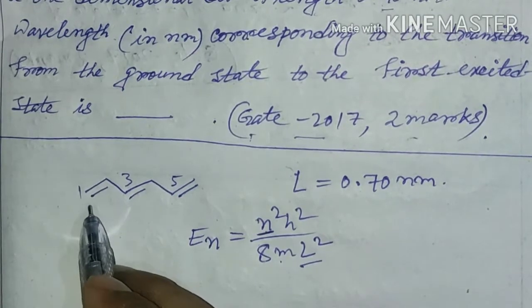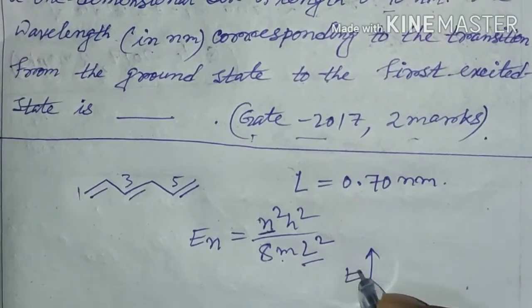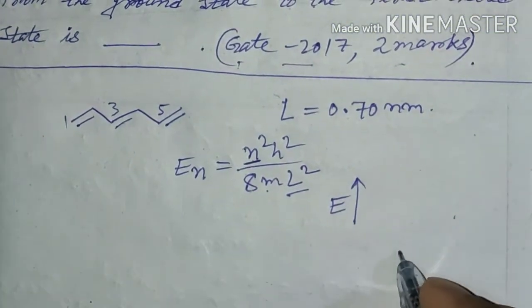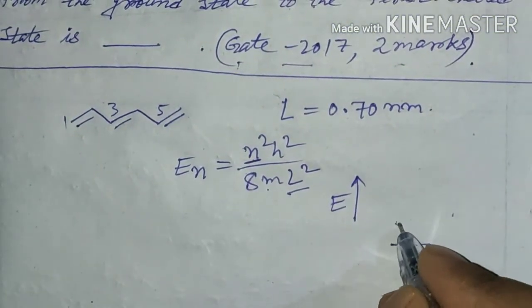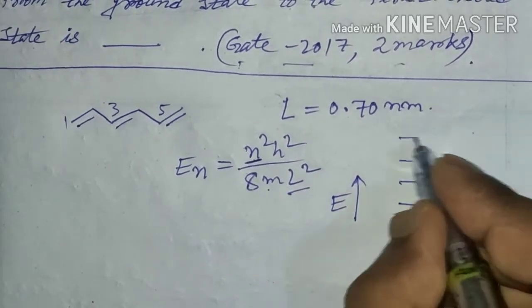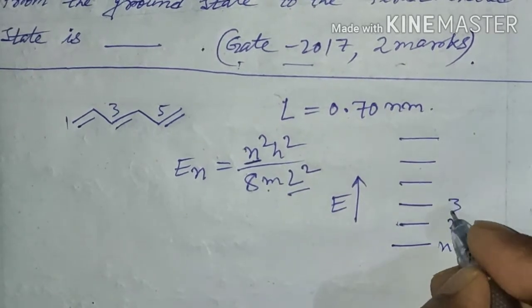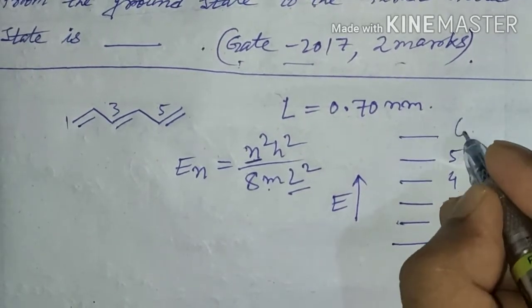For the ground state of 1,3,5-hexatriene, the energy of the different states is like this: n equal to 1, 2, 3, 4, 5 and 6.